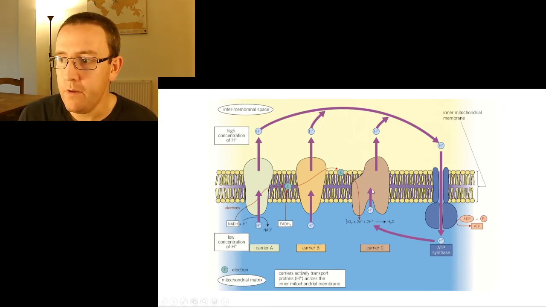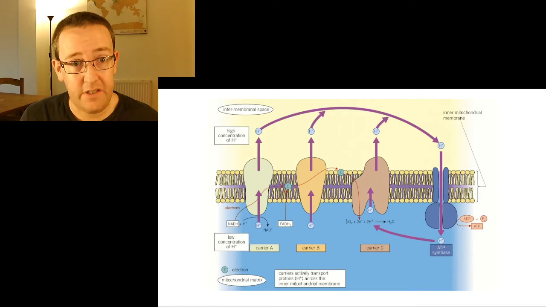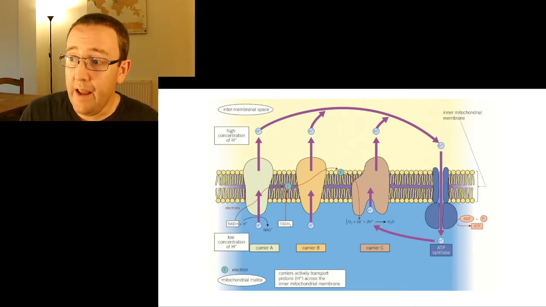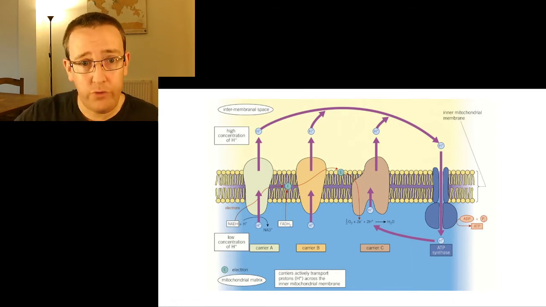So this is basically the last protein, and oxygen comes along, binds with those electrons, binds with some protons to form water. And that is also in the GCSE understanding of what respiration is. So we get this pumping going on. Oxygen is what we call our terminal electron acceptor.